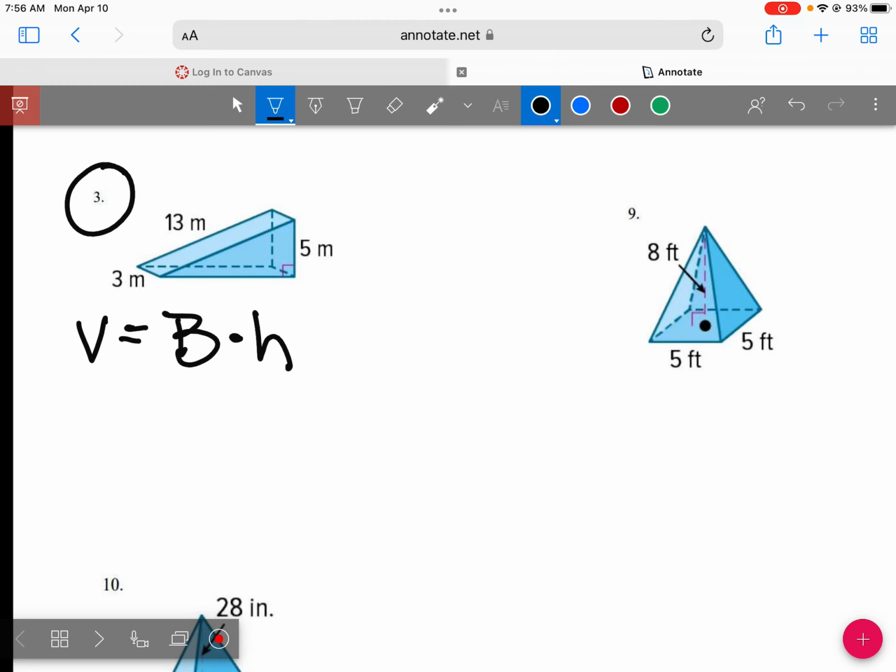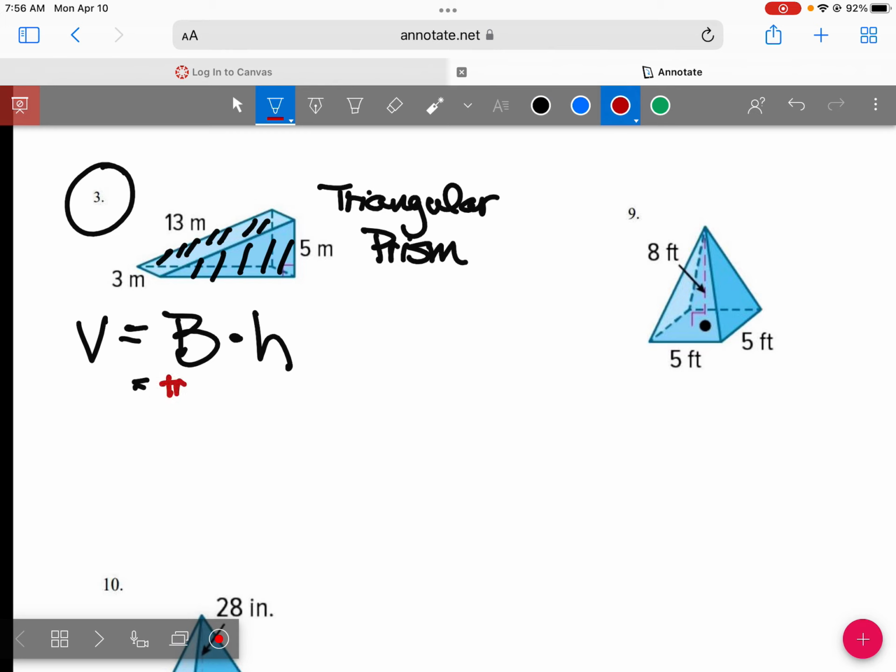So in this figure, this is a triangular prism. It has 2 bases, and they are facing us. So this base here is a triangle times the height of the prism.